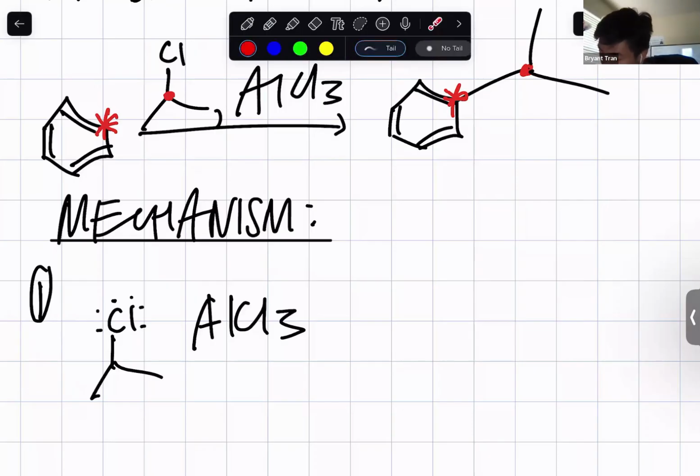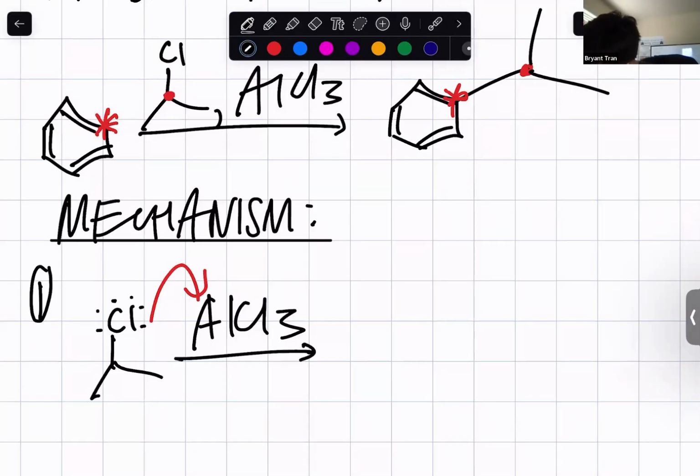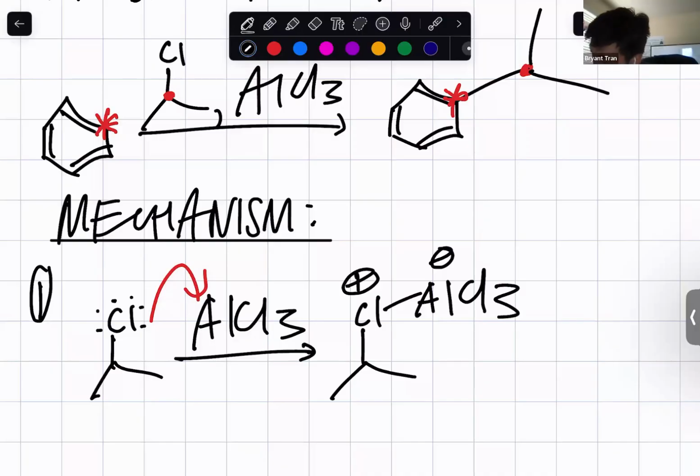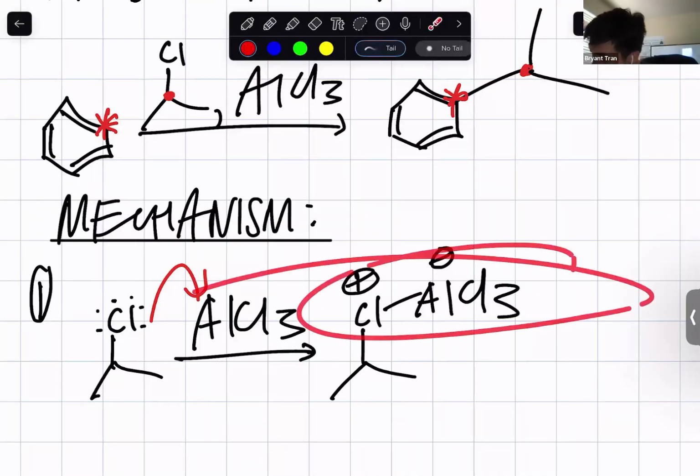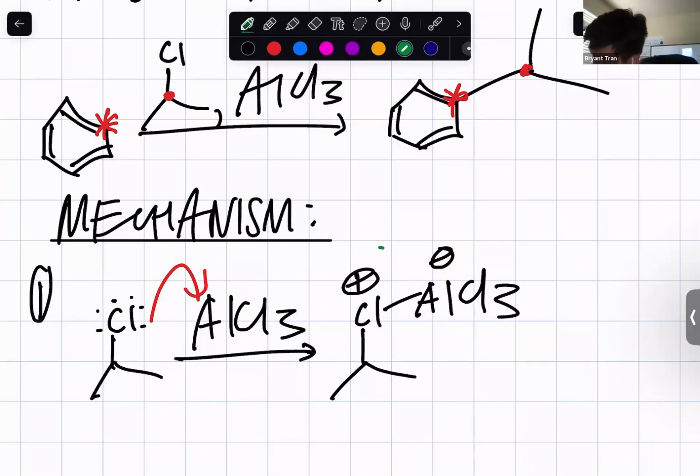This aluminum here has 3 bonds, empty p orbital. So the chlorine is going to attack the aluminum and give us this intermediate right here, where we see that this right here is a good leaving group, right?